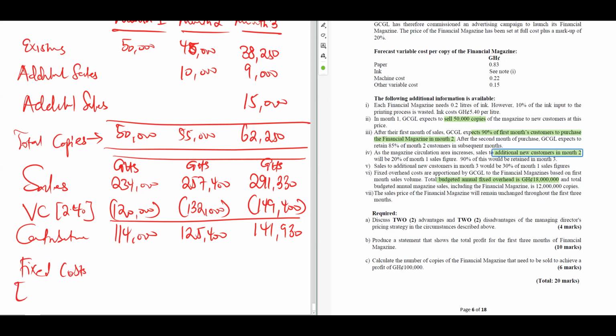Then we less fixed costs. So fixed cost, I can just take my 18 million and multiply by 3 on 12.